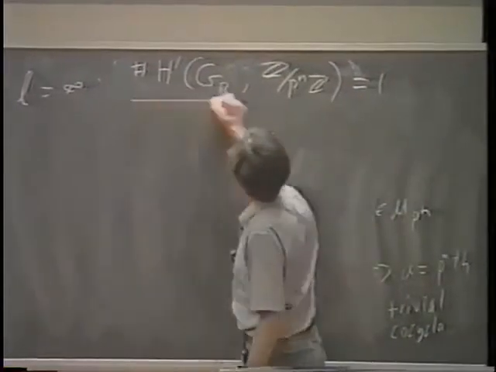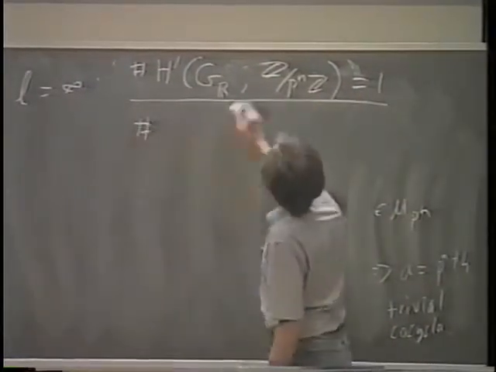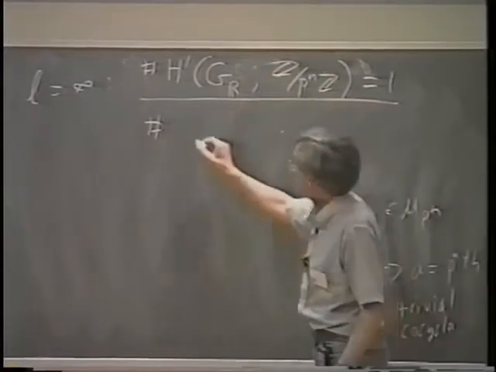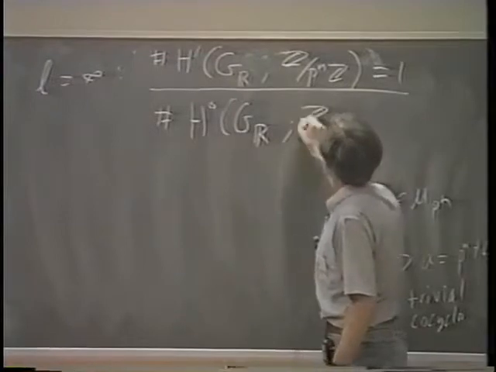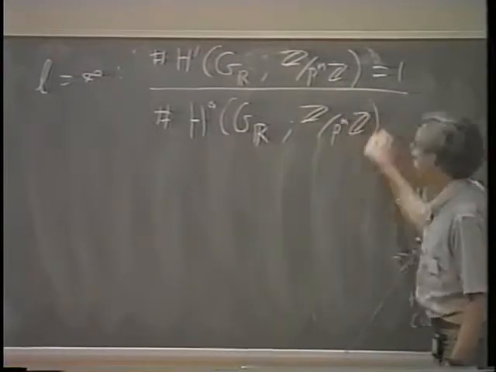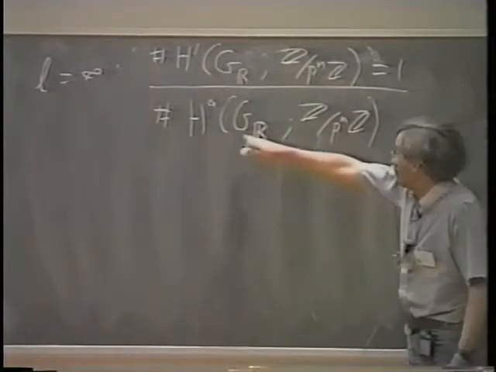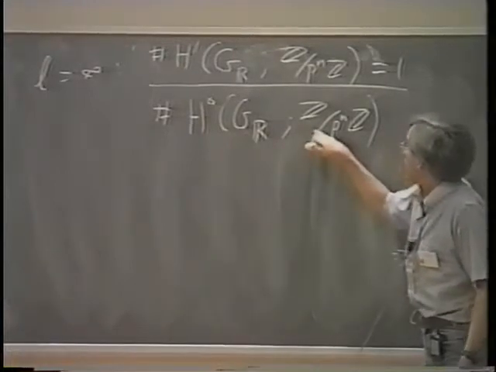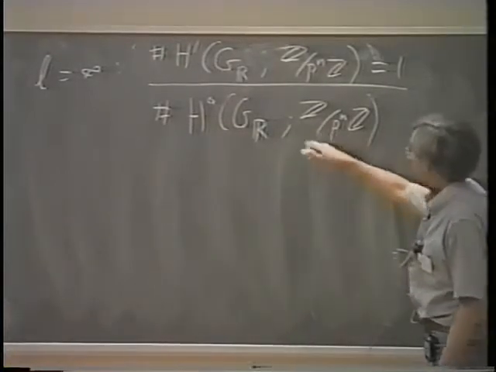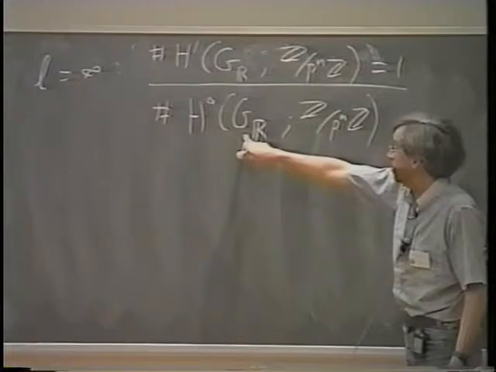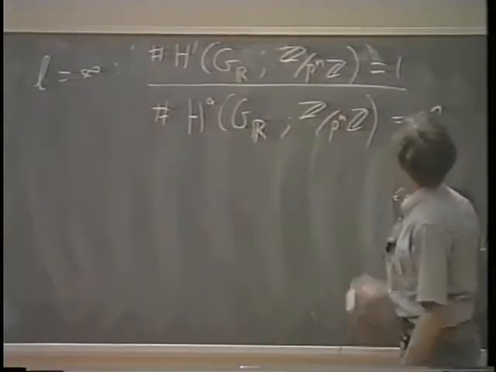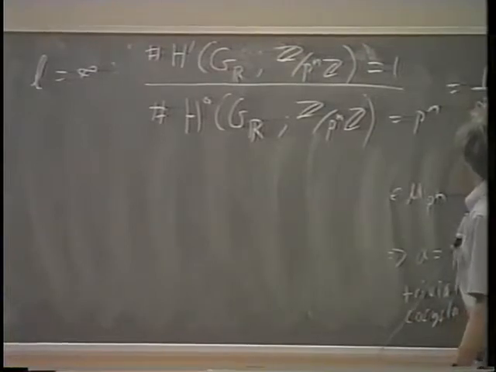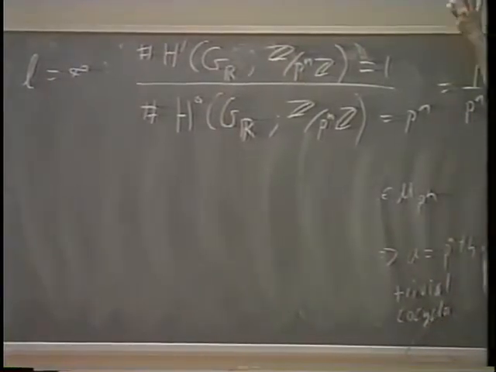That's 1. And then divided by the order of H0 of G sub R, Z mod p to the n Z. Well, everything's fixed. I mean, everything's acting trivially on this. So this is just p to the n. So at infinity, we just get 1 over p to the n. So that takes care of everything in the product.